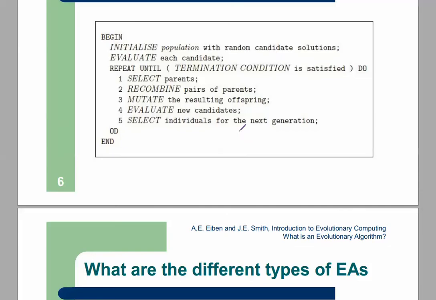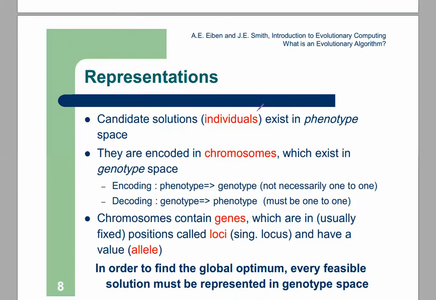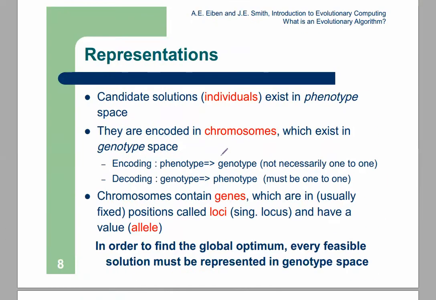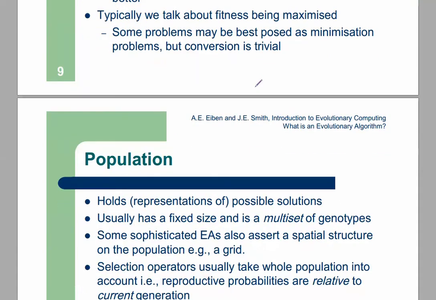It is the pseudocode that was explained in the previous section, and some terms such as chromosome. A chromosome is a solution or collection of genes, and the evaluation or fitness function.